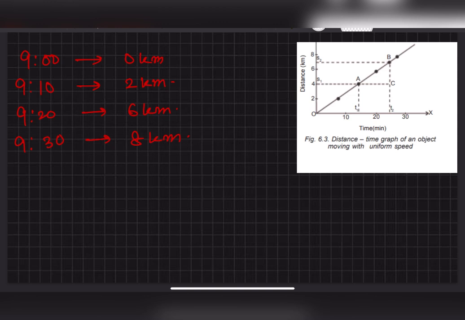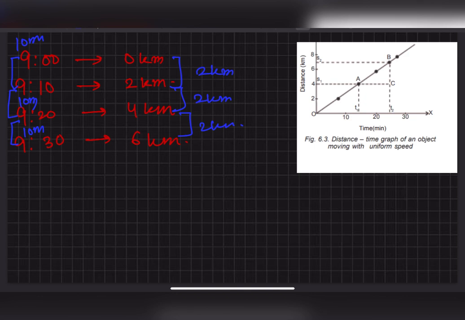Let me make this 4 kilometer, and let's say this is 6 kilometer, like this. So what is happening is time changes. Look here, time is 10 minute, here also 10 minute, here also 10 minute. Distance is here 2 kilometer, here 2 kilometer, here 2 kilometer.